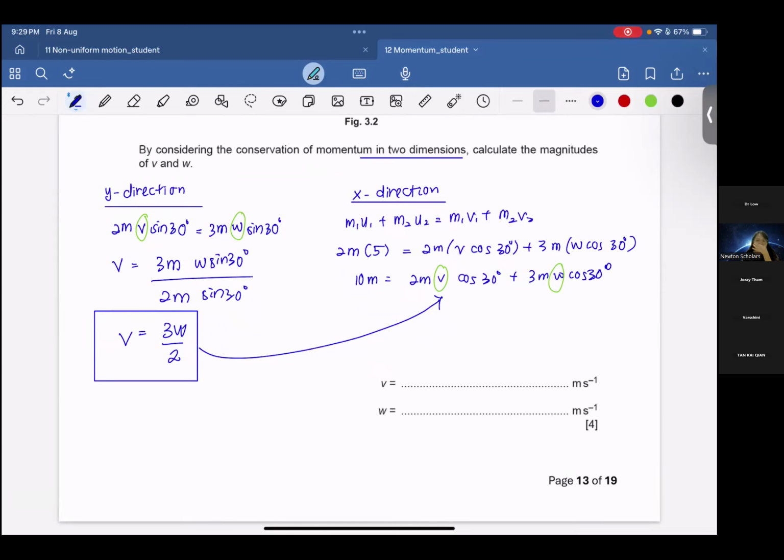Any others get the answer? I'm waiting for you, except Jory. Jory already completed. How about others? Substitute V equals 3W over 2 into the second equation. This is first, this is second.